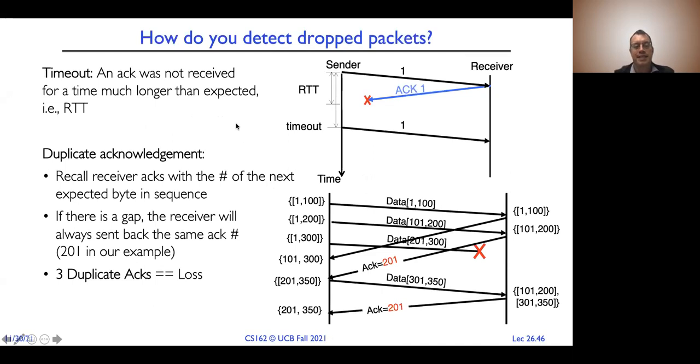Maybe out of order. Yes, it's exactly out-of-order arrivals. Look at this figure and assume that this packet, which is lost, instead of being lost, travels on a different path in the network and arrives at the destination after the fourth packet, after the last packet which was sent by the sender.